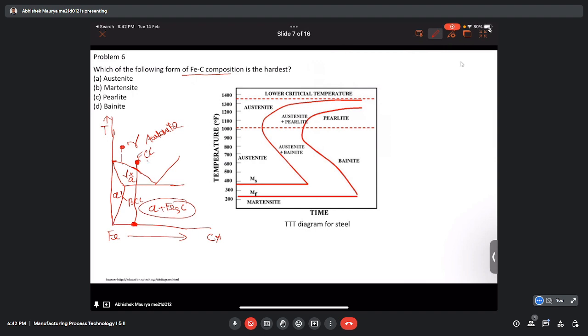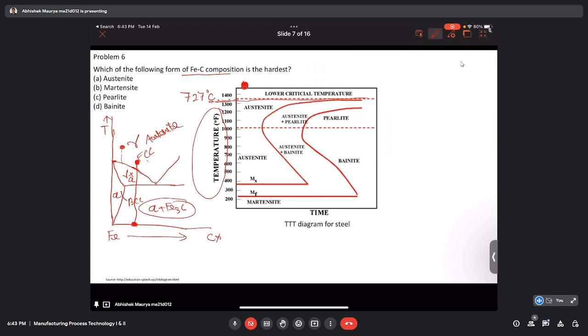That is shown here. Note down, its temperature is in Fahrenheit, or the equivalent, it comes to 727 degrees Celsius. So we will heat the steel to some temperature above 727 degrees Celsius, let's say here.